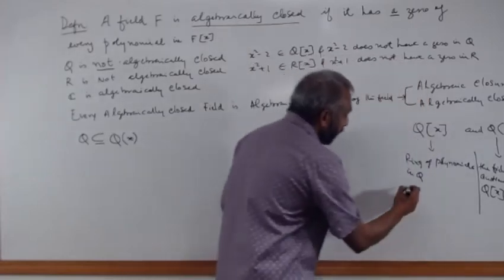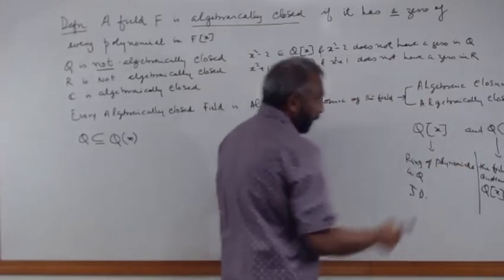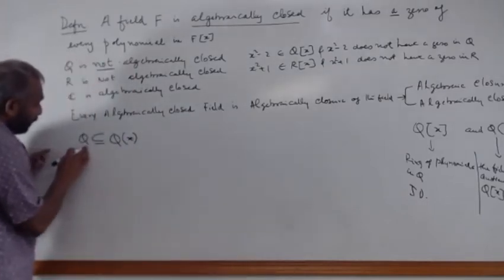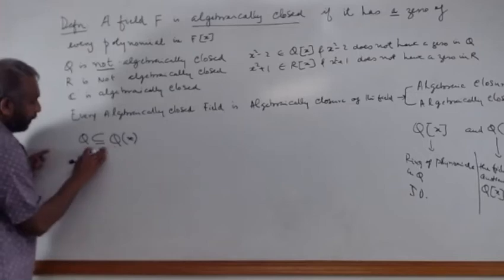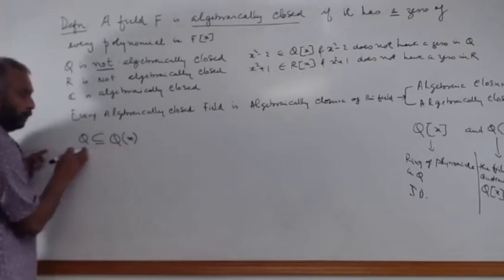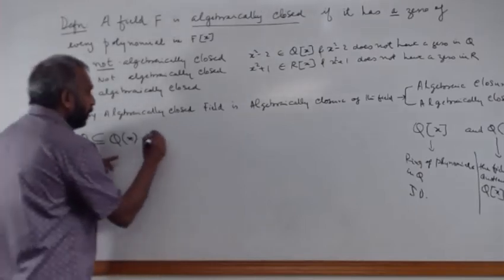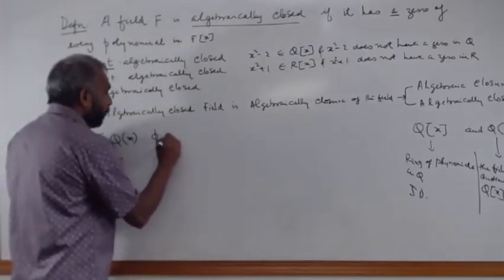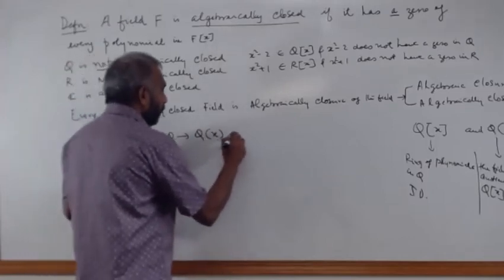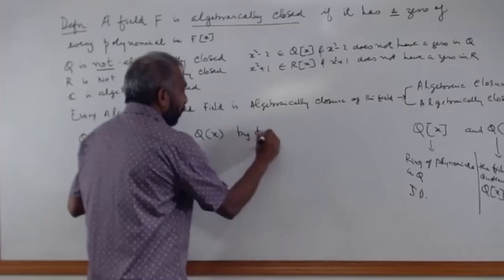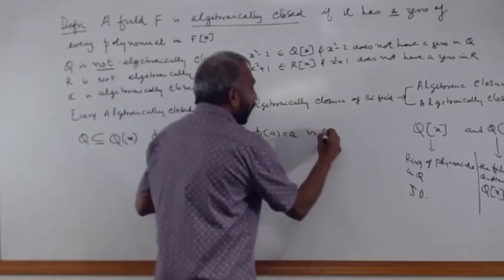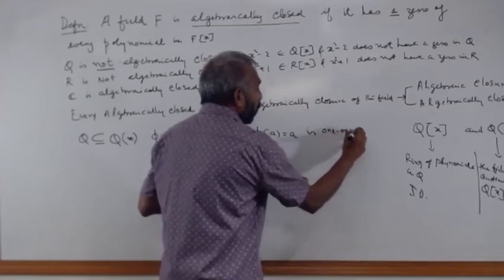So this is always an integral domain, and we are making a subfield, so Q of x is an extension of Q, because if you consider the map from Q to Q of x by Q of A equal to A, it is a 1-1 homomorphism.